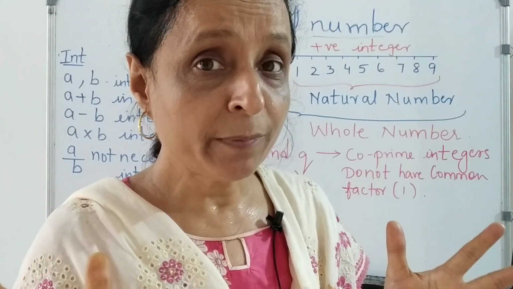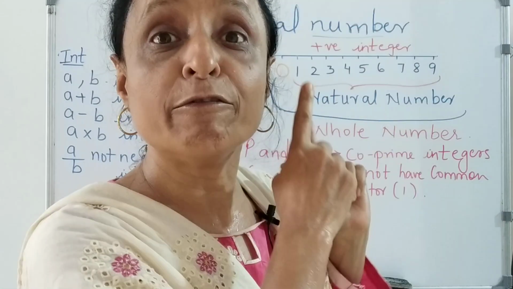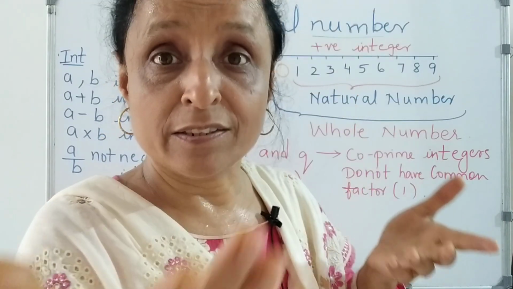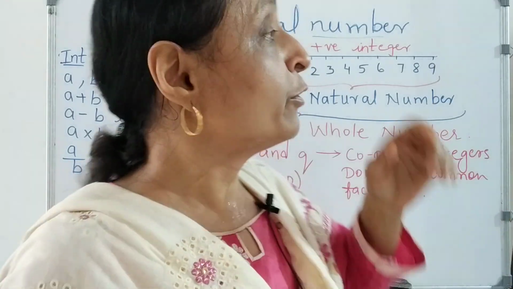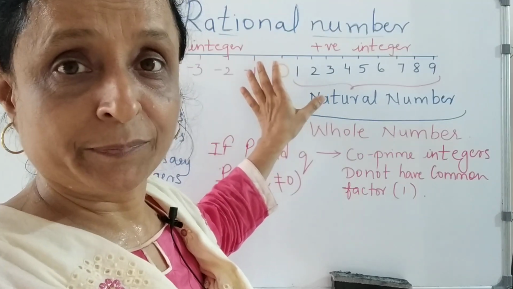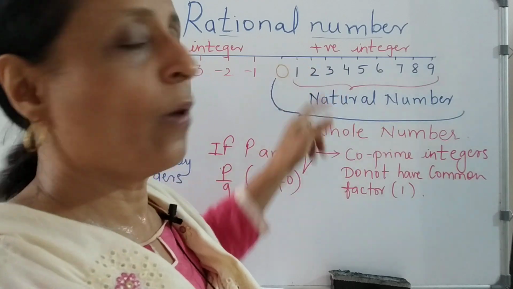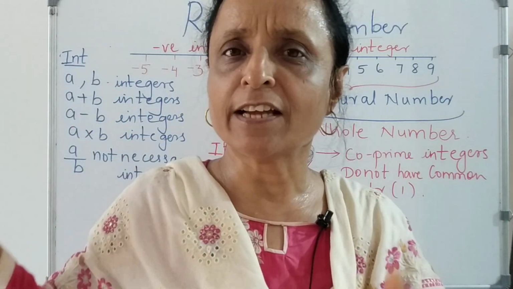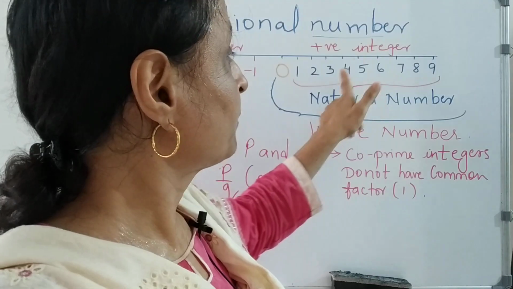So there should not be any confusion, but before studying rational numbers, you have to know what is a natural number, what is a whole number, and what is an integer. So just have a look at the number line. Here you can see the natural numbers 1, 2, 3, 4, 5, 6, 7, 8, 9, 10, all are natural numbers.